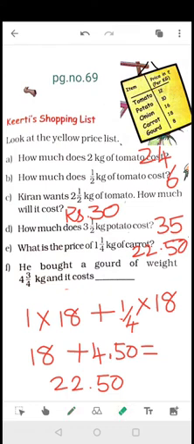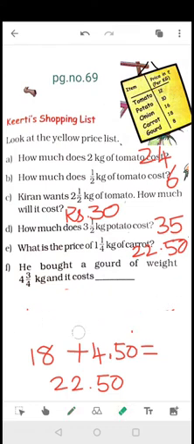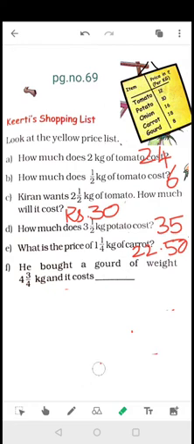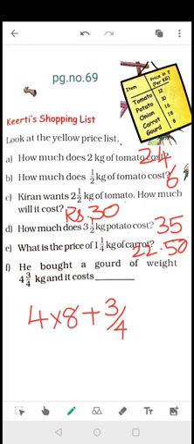Next sum, F. He bought a gourd of weight 4 3/4 kg and what does it cost? We have to do 4 plus 3/4. What is the cost of gourd? 8 rupees. 4 into 8.